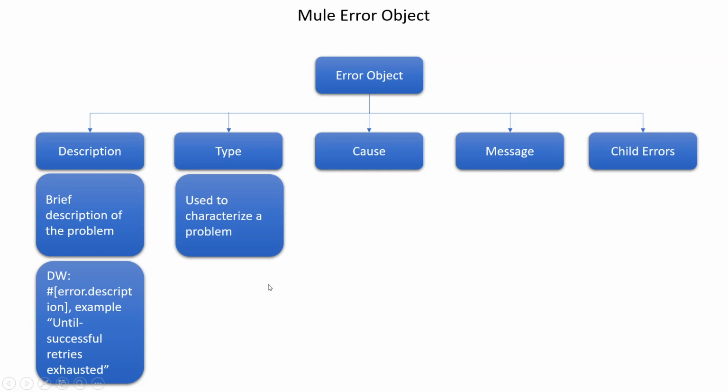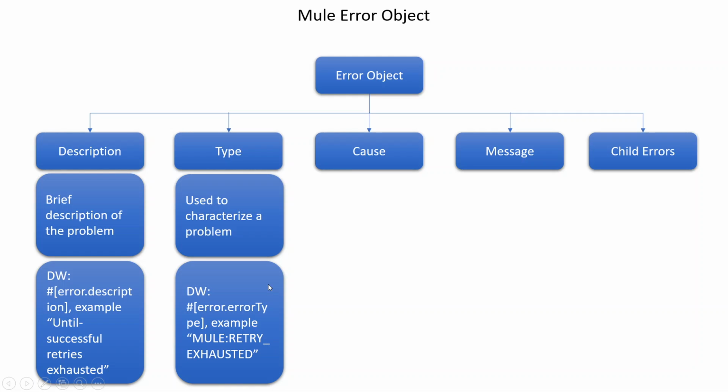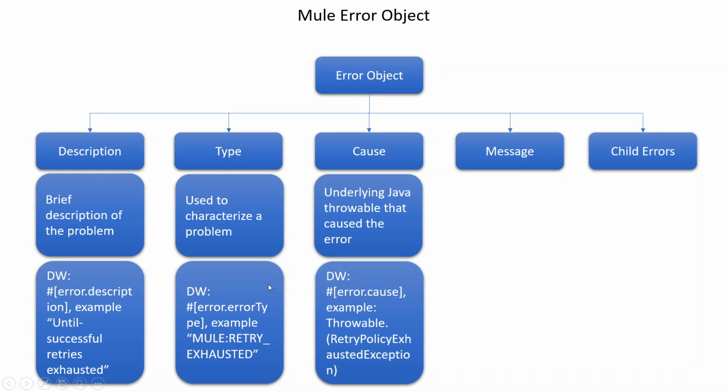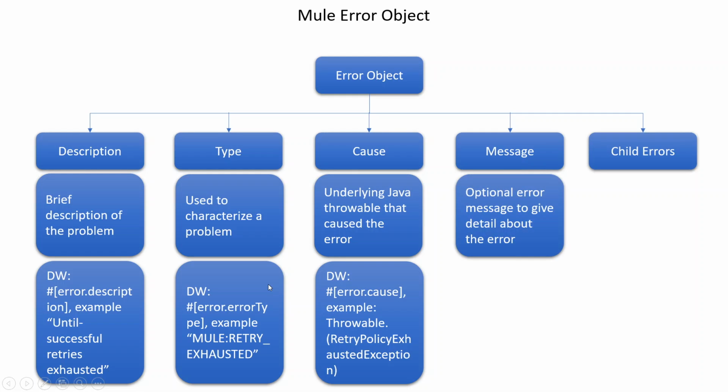Again, the type shows what type of error it is. It will give you the namespace and identifier combination, and you can access it using error.errorType. The cause will give you the underlying Java throwable object, which could be the name of the Java class. Like if you can see RetryPolicyExhaustedException, it can be fetched using error.cause using the DataWeave expression.